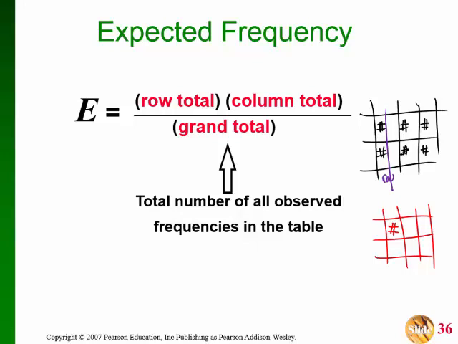So to find out what the expected frequency is for this first block, I would have to find the row total for that block. I would need the column total. Divide by the grand total. So I would need the row total times the column total, and then divide by the grand total.